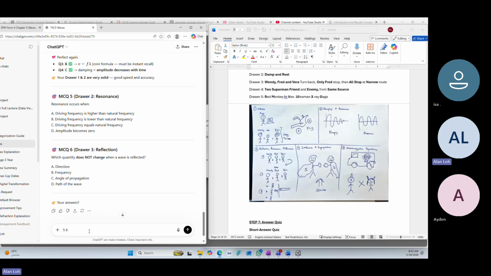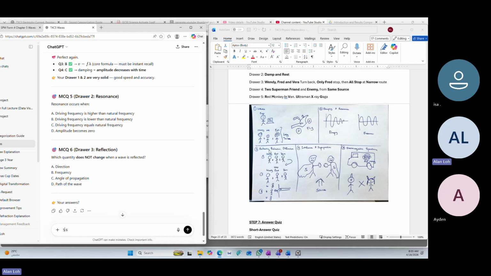Resonance occurs when each quantity does not change when a wave is reflected. Which quantity does not change when the wave is reflected?